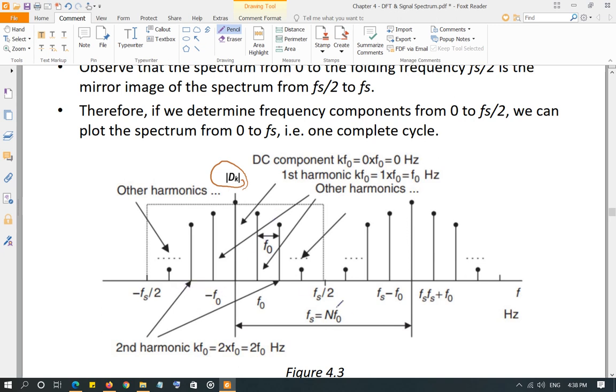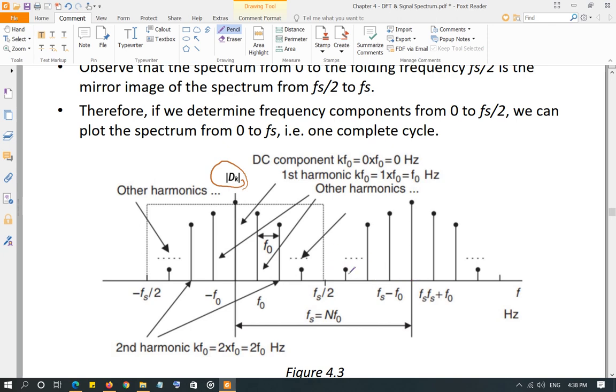Now, when you calculate this, you will also see that the values are only unique from 0 to N by 2, or 0 to fs by 2, like the folding frequency. Remember, fs by 2 is the folding frequency. So all the frequency components you can calculate from 0 to fs by 2. You don't have to go all the way from 0 to fs, or 0 to N minus 1, sorry.